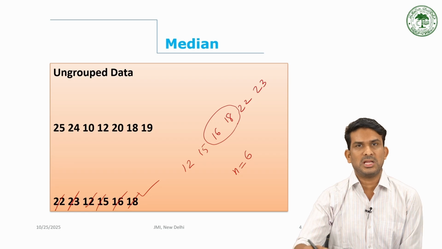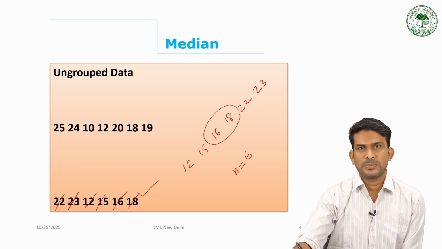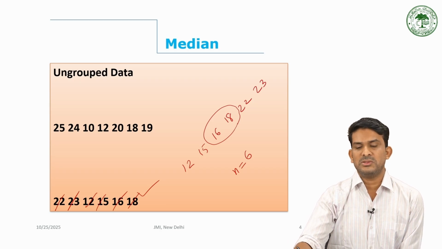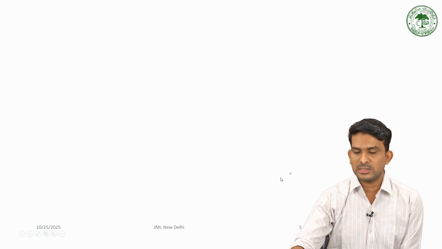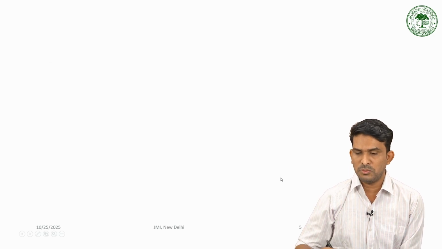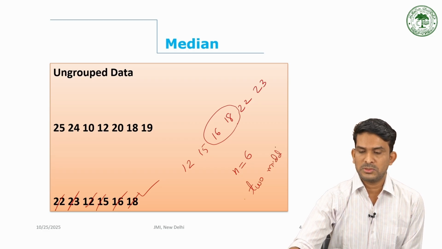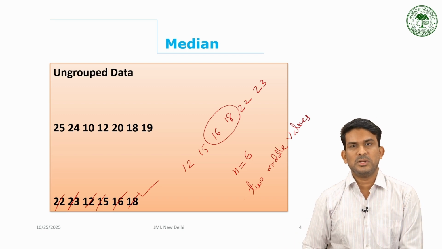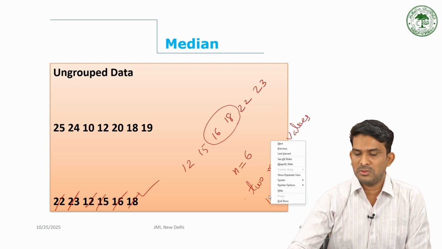To make a single value, take the middle two values. What are the two middlemost values? 16 and 18.